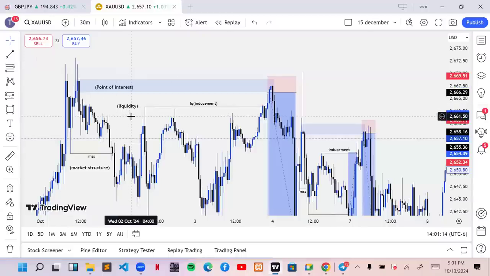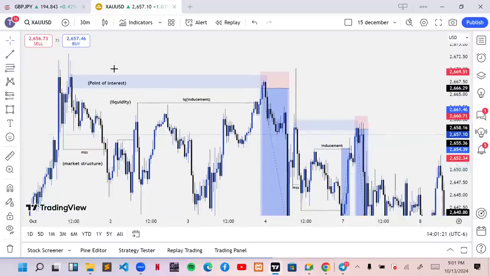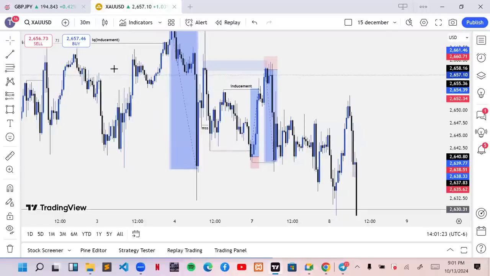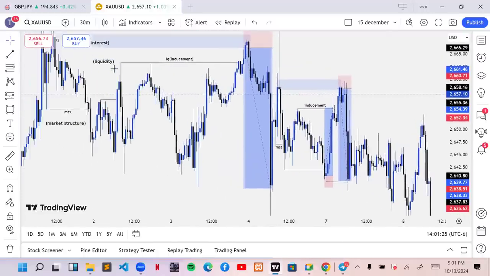We can see the three parts of this strategy: market structure, liquidity, point of interest. Just three things. Only three things I have to mark out on the chart: market structure, liquidity.